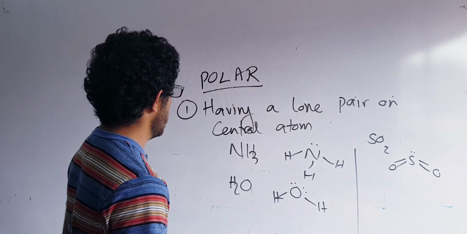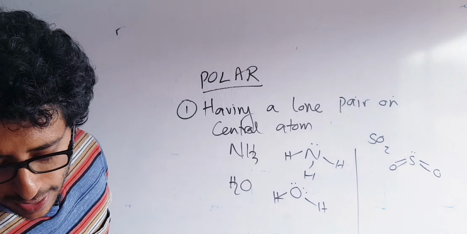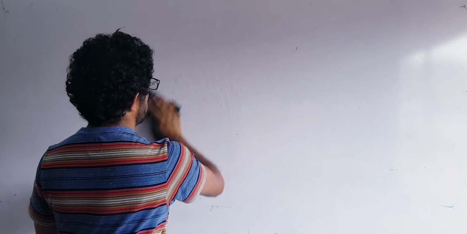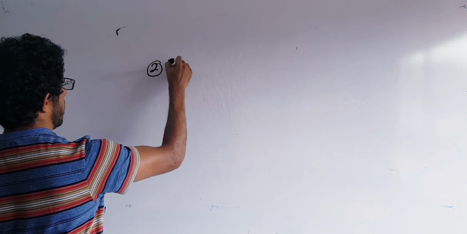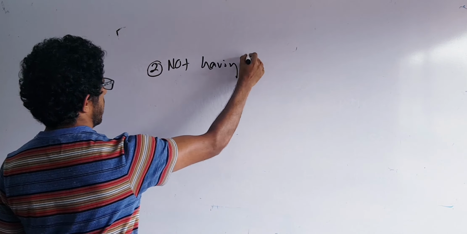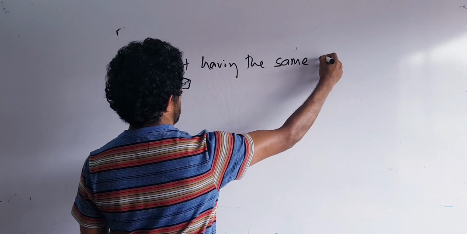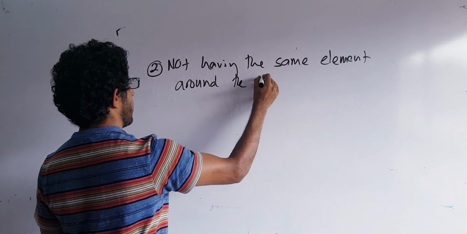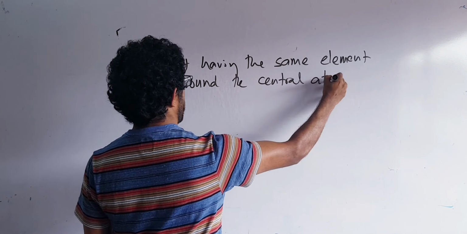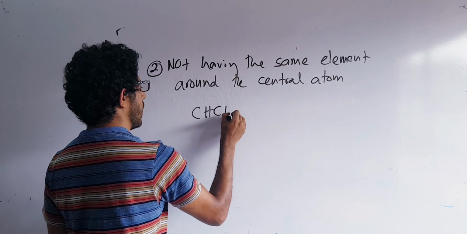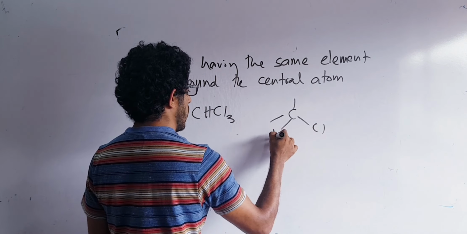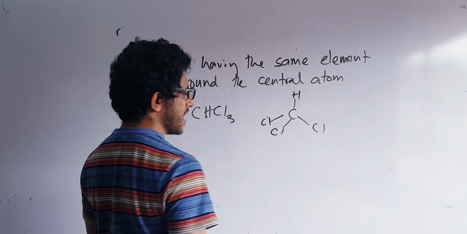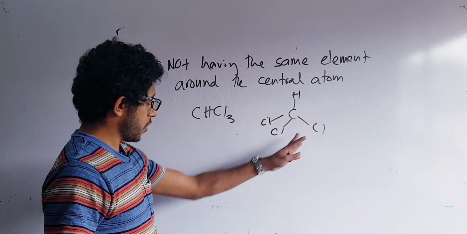The second reason is not having the same elements around the central atom. For example, CHCl3 has no lone pair on carbon, but it has different elements around it, chlorine and hydrogen.